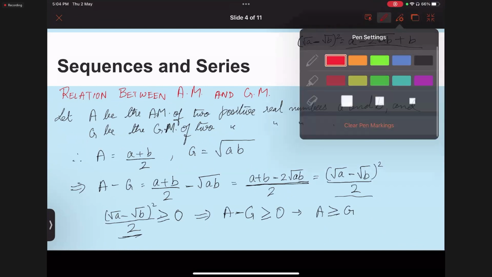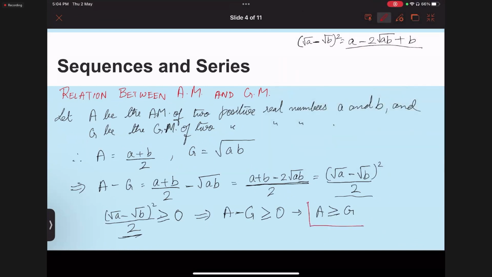Okay, and this is an important relation. This one, as well as if you write this as A minus G, these two relations are important for us to remember with respect to your arithmetic mean and geometric mean.